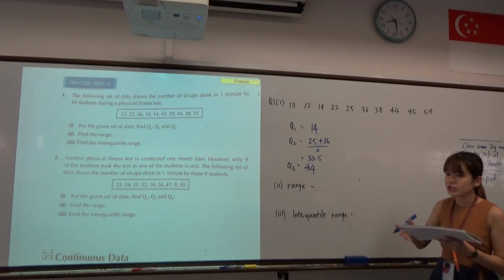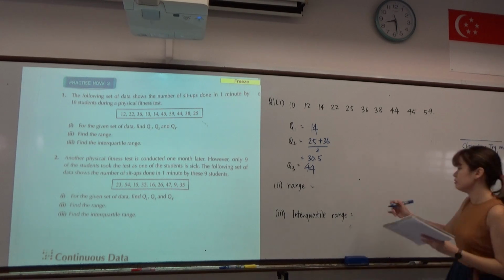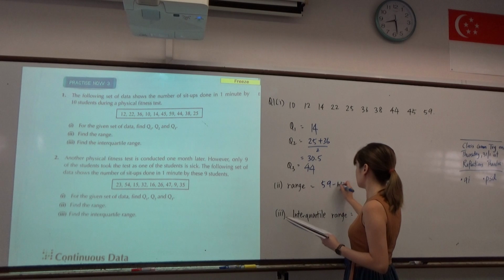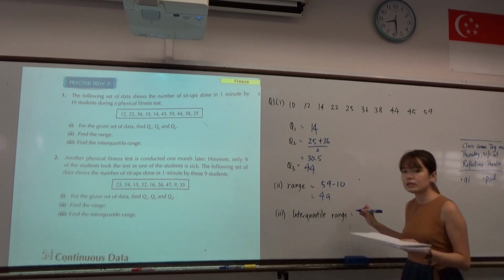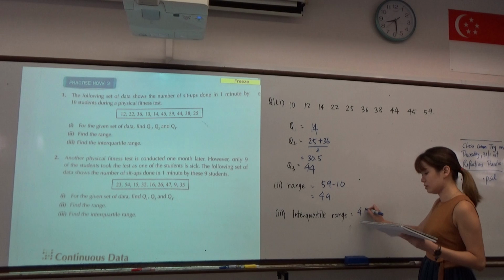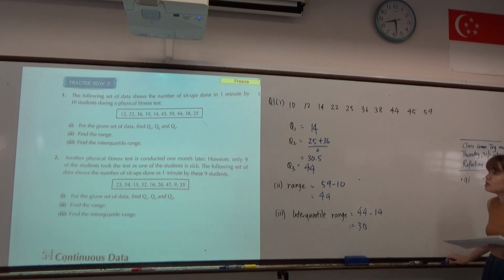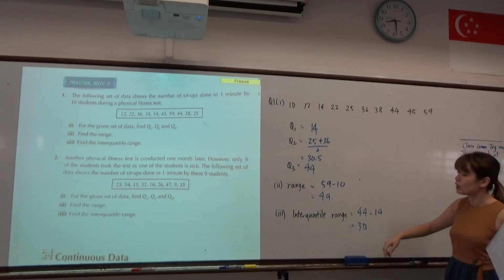And then the range? 49. Okay. And then the interquartile range? 30. Okay. So I hope that you have arranged the numbers into ascending order before you take the question.